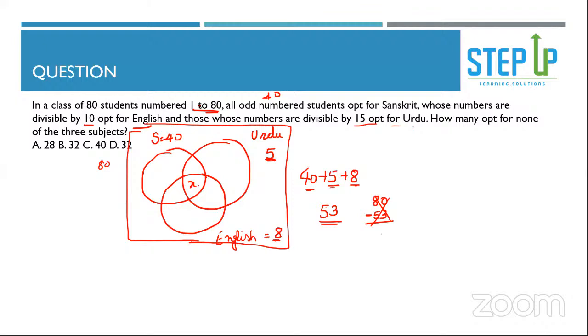Correct. 1 to 80. First of all, we have to subtract four numbers from even and 4 numbers from odd, because 10, 20, 30, 40 we are getting 4 from even and 4 from odd. We are left with 36.